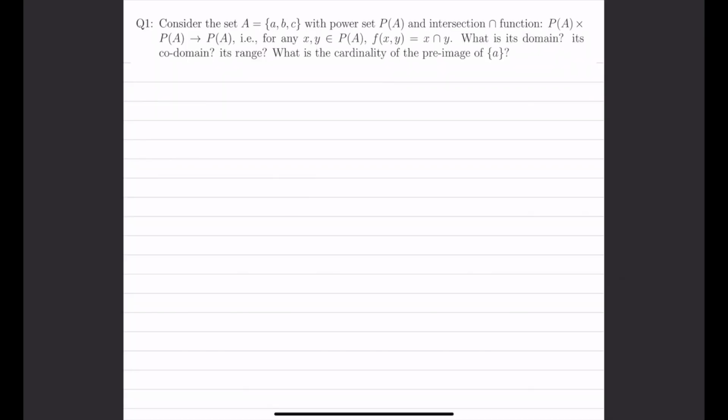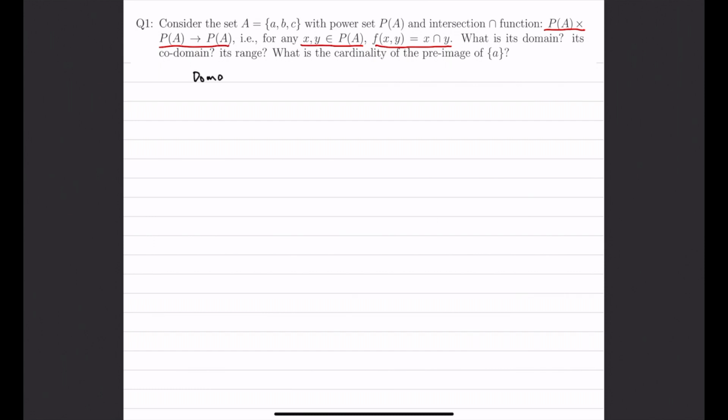In question 1, we consider a set A with three elements, a, b, and c, with power set P of A and the intersection function. In the intersection function, for two given subsets of A, so members of the power set, X and Y, f of X and Y gives the intersection of X and Y. The domain and codomain of this function are given here.